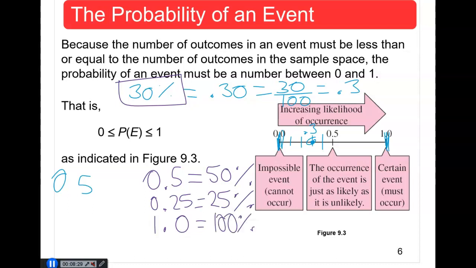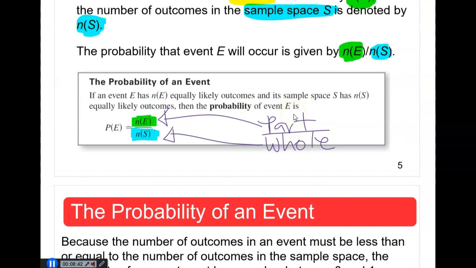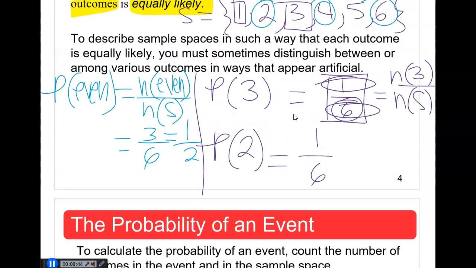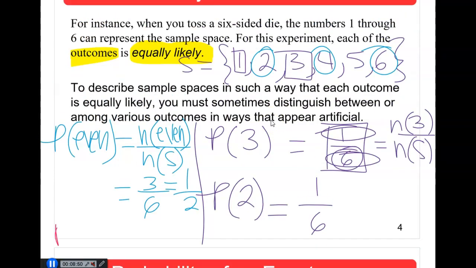And that will be the maximum number that you can get for the probability of an event occurring, if that event was the whole sample set. So for example, going back to rolling a die, what is the probability to get a number less than 7?